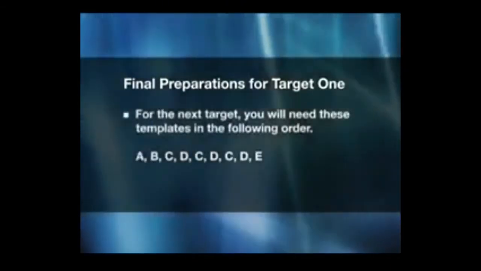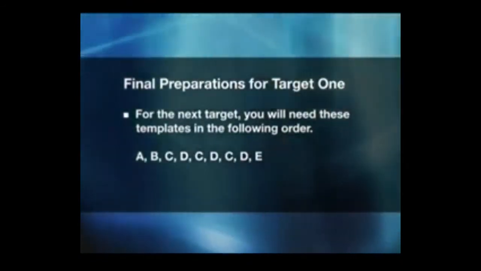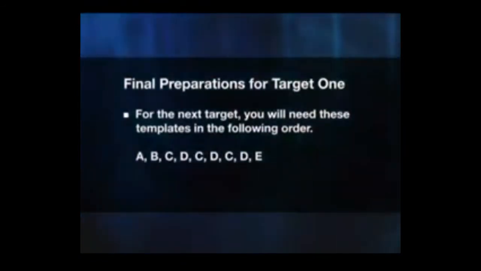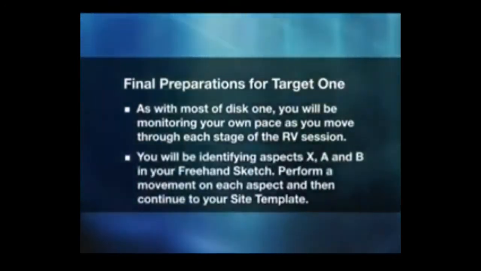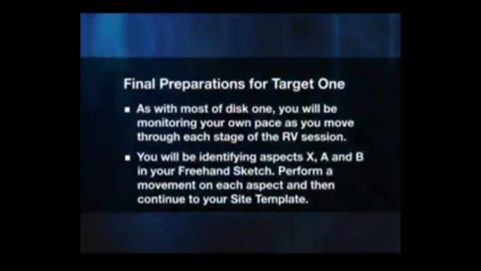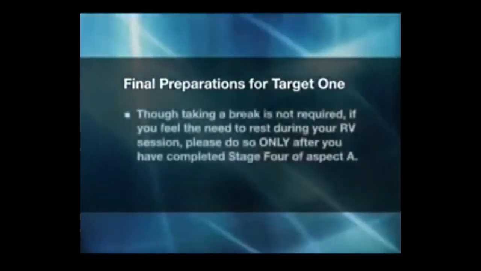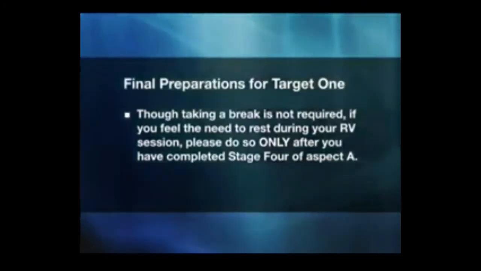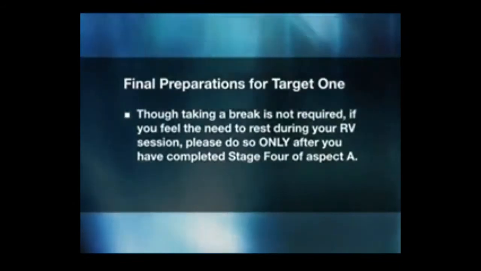Get ready. You are about to begin Target 1. For this target, you will need the following templates in this order: A, B, C, D, C, D, C, D, E. Label the first CD set for aspect X, the second CD set for aspect A, and the third CD set for aspect B. Those that may require a break before finishing the entire session should do so only after finishing stage 4 of aspect A, which is page 6.